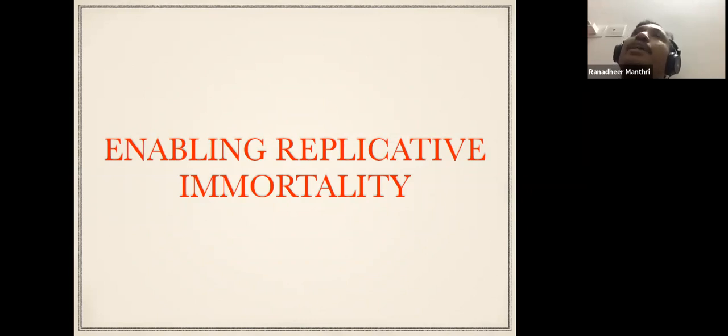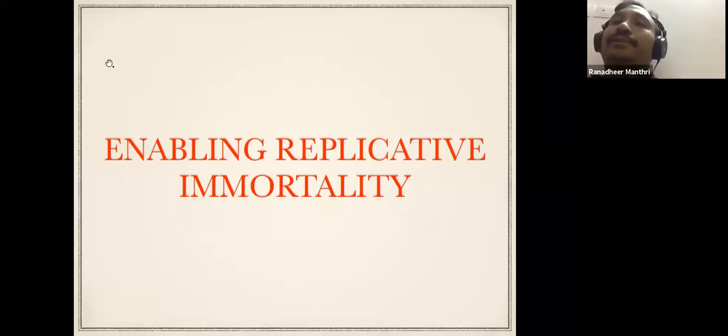Cancer cells with continuous enabling immortality continuously divide, so we are going to target the telomerase. It can be targeted using an antisense oligonucleotide, called ASON. If it is radiolabeled, it is called RASON imaging, that is radiolabeled antisense oligonucleotide. This is how we detect another hallmark of cancer, replicative immortality. Next slide, please.